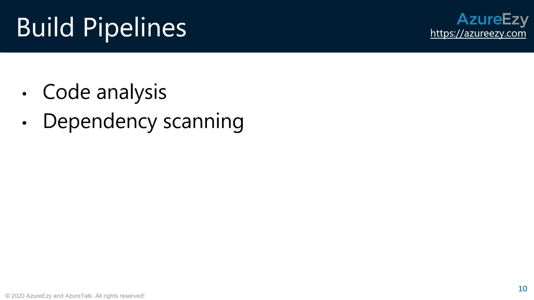But if that package is not maintained properly, and you cannot control that because it is coming from outside of your organization, then whatever vulnerability exists at the package level will be part of your application as well, because your application is dependent on that package. So that is the reason you should be looking at dependency scanning.